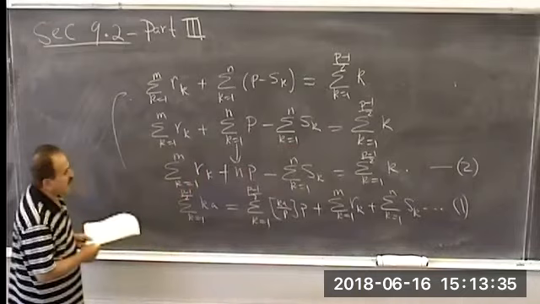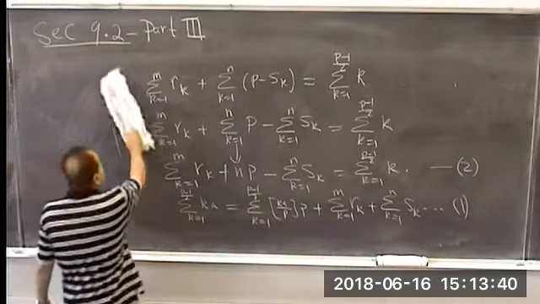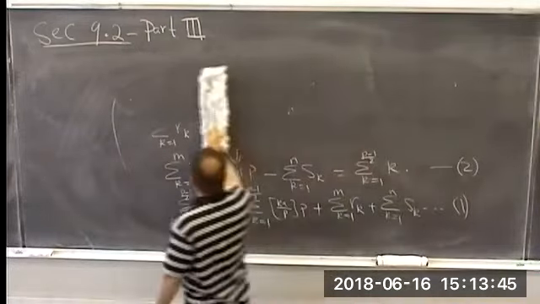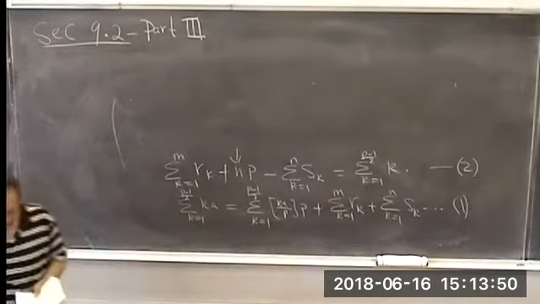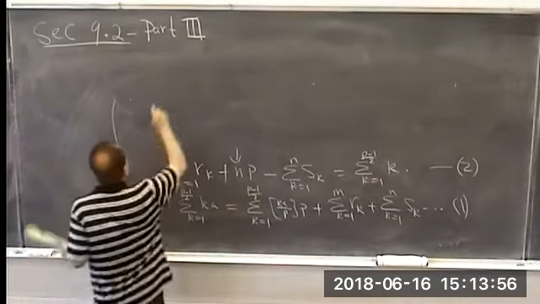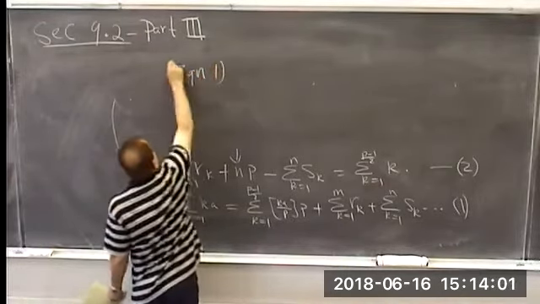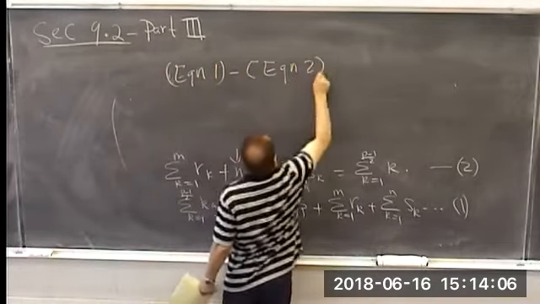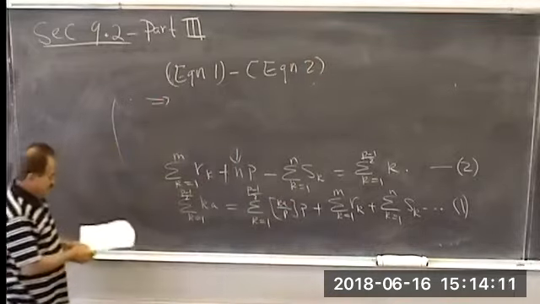Then I'm going to subtract equation 2 from equation 1, and we're going to rearrange the elements, of course. So we're going to take equation 1 minus equation 2. This would imply this.